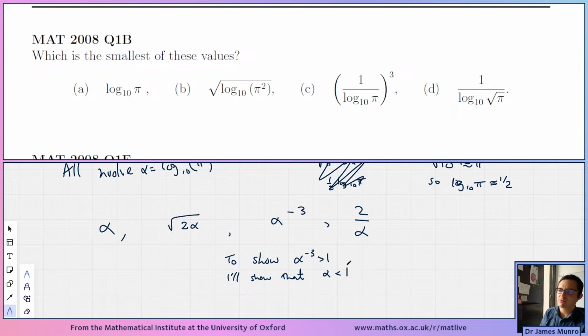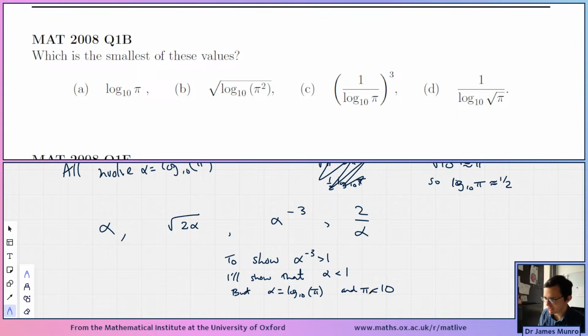If alpha is smaller than 1, then when you do 1 over alpha cubed, you'll get something big. When does that happen? Well, when alpha is less than 1, but alpha is log base 10 of pi, and pi is less than 10. Log base 10 is an increasing function, and it hasn't yet got to log base 10 of 10, which would be 1.